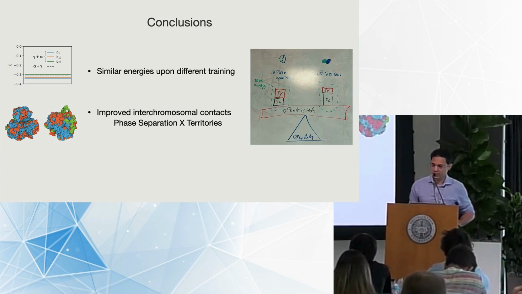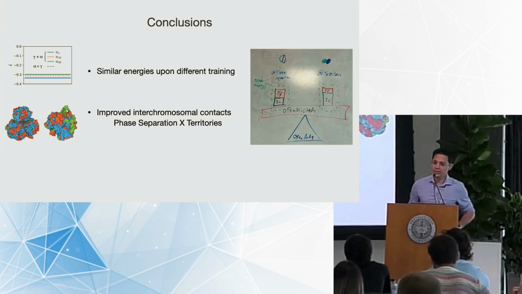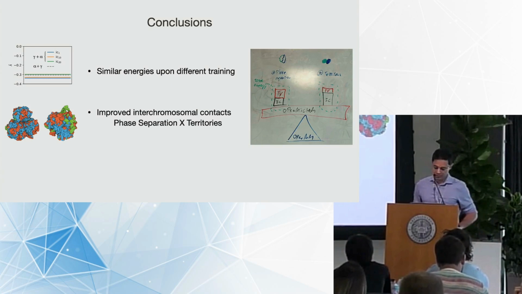This is a very good point of the model, and also with this stronger ideal chromosome, we can have a better representation of the interchromosome contacts, which gives us a balance between phase separation and territory formation.